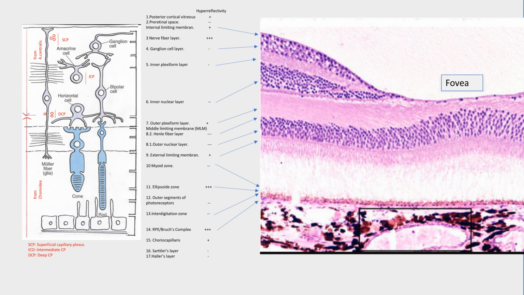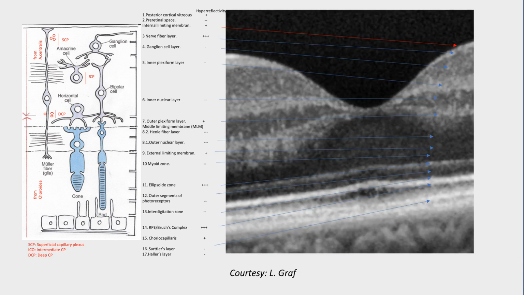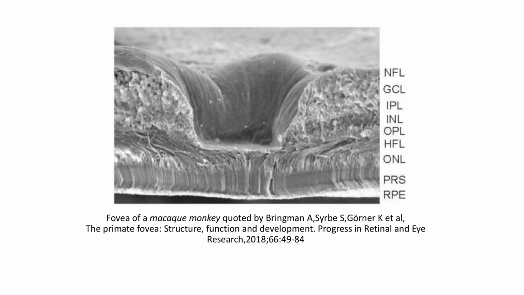The layer of the fibers of Henle starts laterally, assuming a horizontal course. Here are the arrows to the different layers. The microscopic image of the fovea of this macaque illustrates the total absence of internal retinal layers in the foveolar zone.